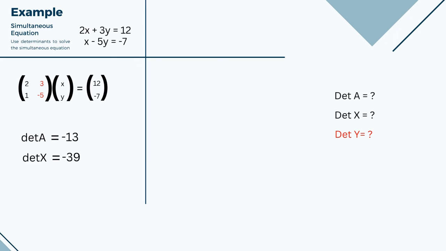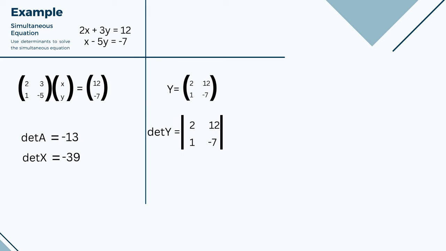Lastly, before we find x and y, we find det y. To represent y, we replace 3 and minus 5 with 12 and minus 7. So we basically have the matrix y, which will be 2, 1, 12, minus 7. We now find the determinant of matrix y. We subtract the lower diagonal from the upper diagonal.